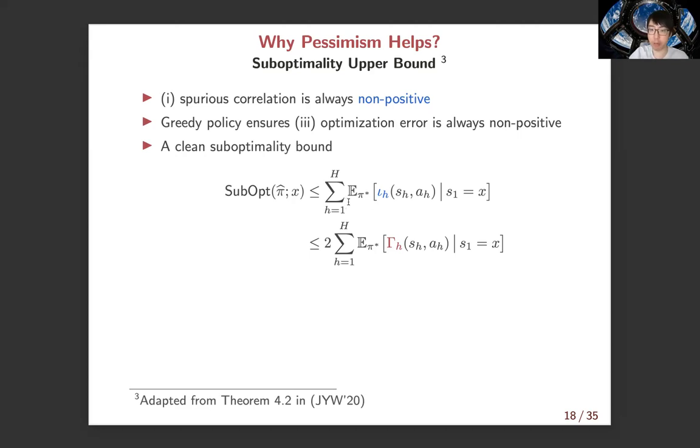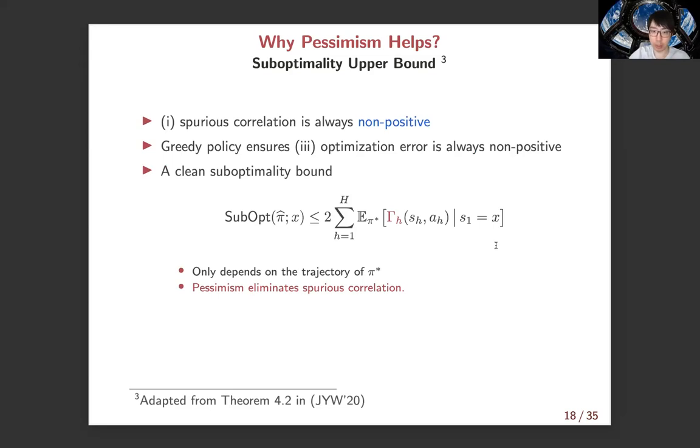In our paper, we have a more formal statement of what we mean by not being able to eliminate this. It's an information-theoretic argument saying that this is essentially the lower bound. If we're using pessimism, then this term becomes 2 times the accumulation of this width along the trajectory of the optimum policy, and this is essentially an optimal bound.